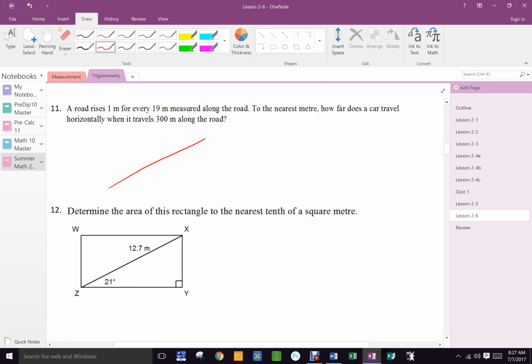What do we know about that road? It goes up by 1 meter. So there's the up is 1. For every 19 meters, where, Fawaz? Along the road. Where's the road? It's here, right? So where's the 19 go?